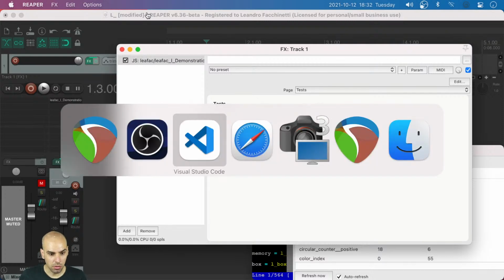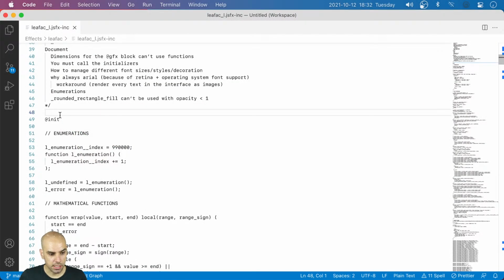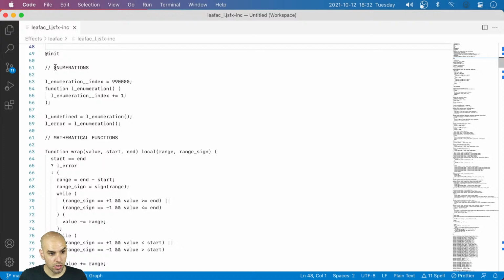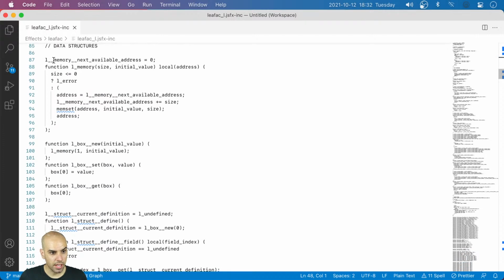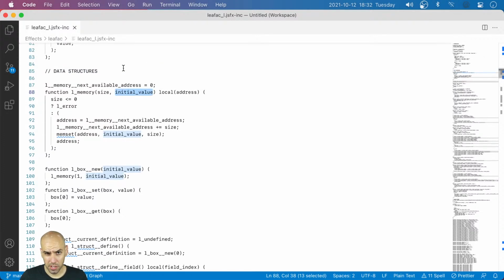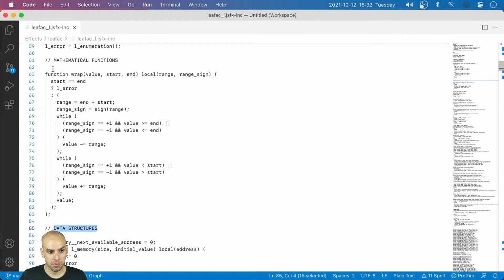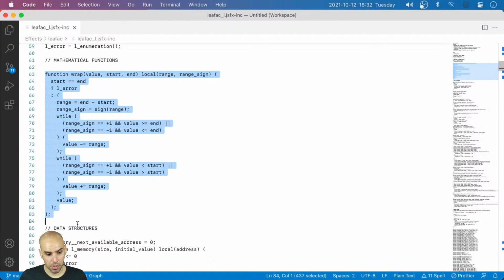So first of all, what did I do since the last stream? I changed all the definitions of the data structures that we have been developing to add initial values. So in case you don't know, this library that we're developing together comes with data structures. It will have some algorithms. Here is an example of a very simple algorithm.